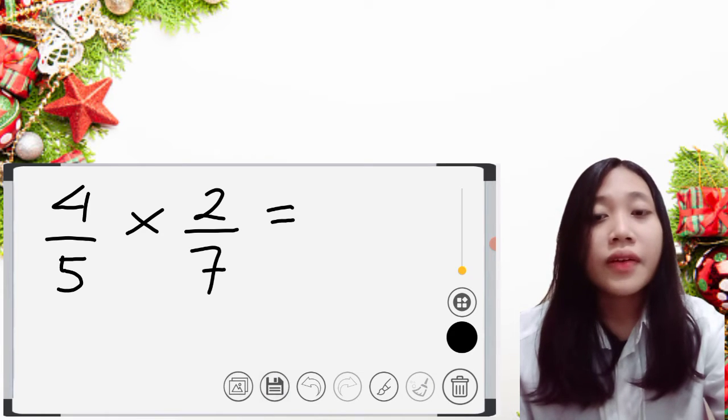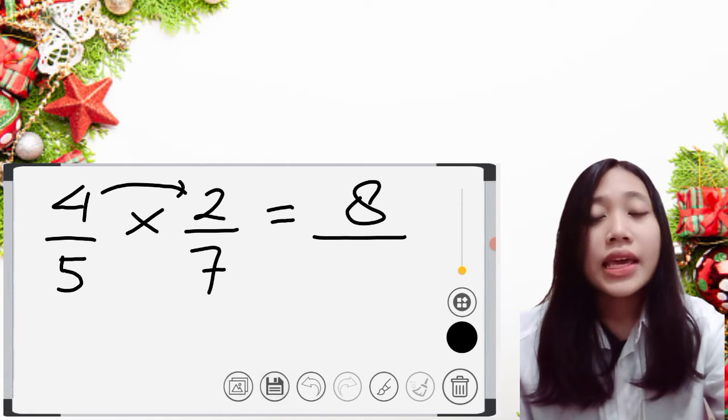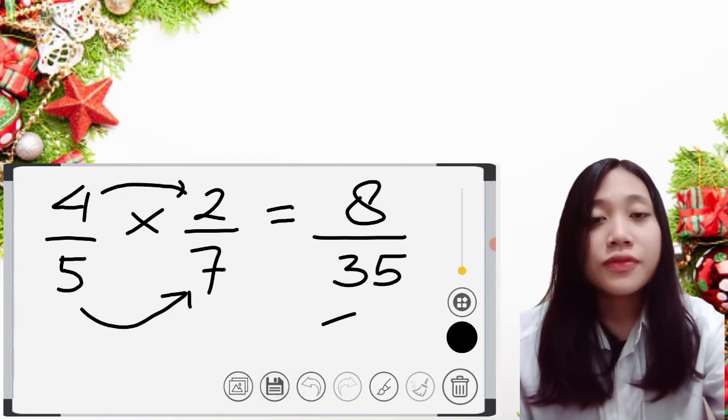For the numerator is 4 times 2 equals 8. Then for the denominator is 5 times 7 equals 35. So the answer is 8 over 35.